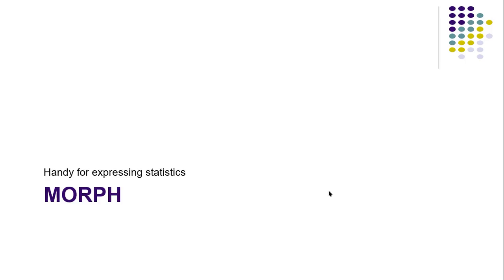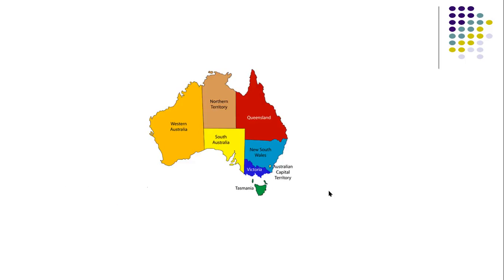Another way, when would you use these morphs? If you want to express some statistics, maybe you could have a map of the world and then narrow down to maybe just Australia and then down to your statistics, for example.